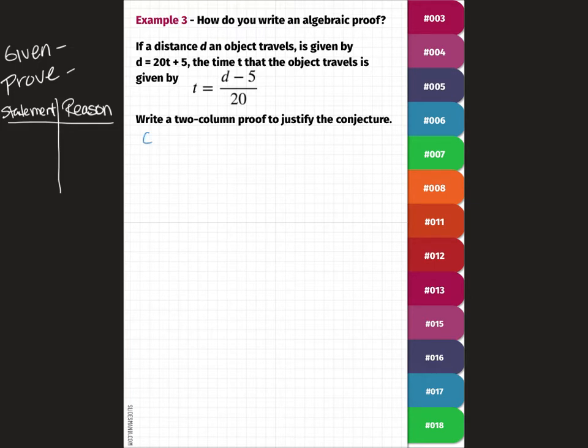So first, we are given that d is equal to 20t plus 5. And we need to prove that t is equal to d minus 5 over 20. So then we're going to set up our T-chart or our 2-column proof.